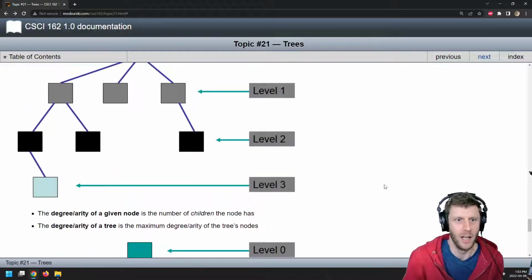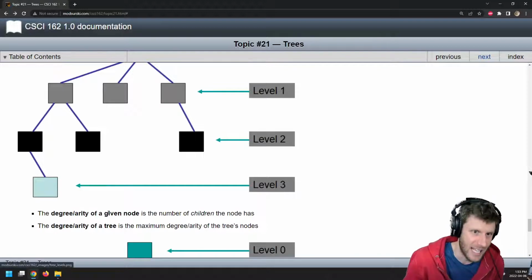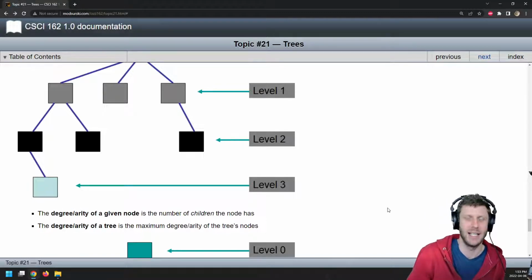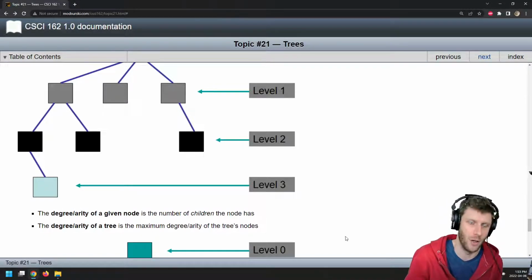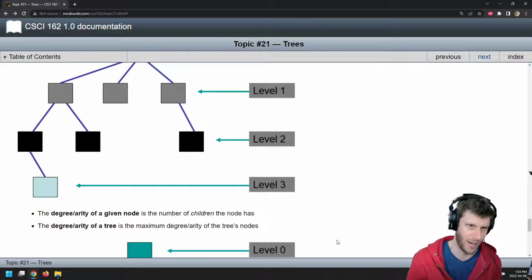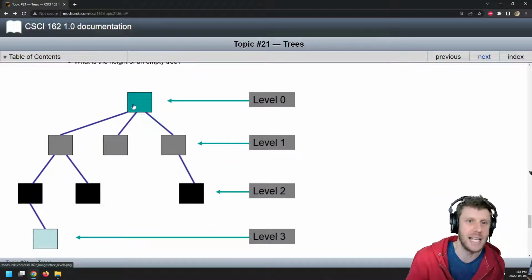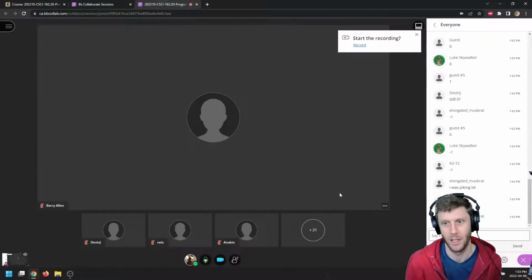Okay. The degree, or arity, I'm almost always going to use the word degree. So the degree of a given node is the number of children the node has. You don't include the number of parents. So what is the degree of the root node in this tree? 3.